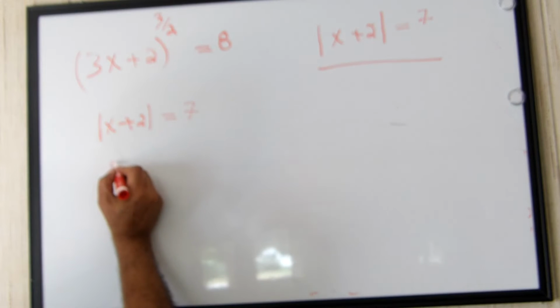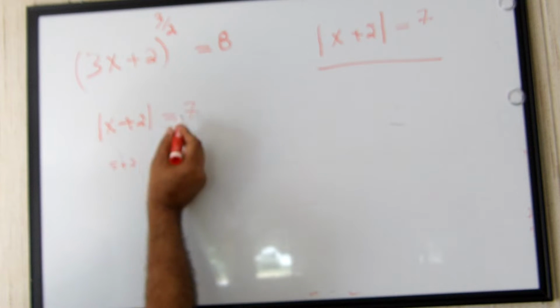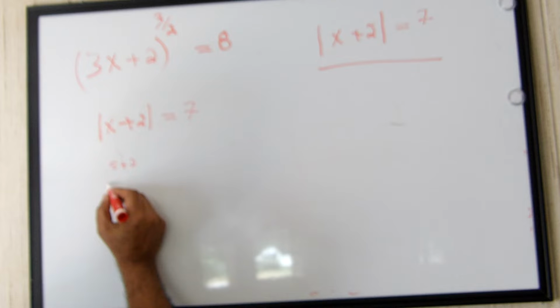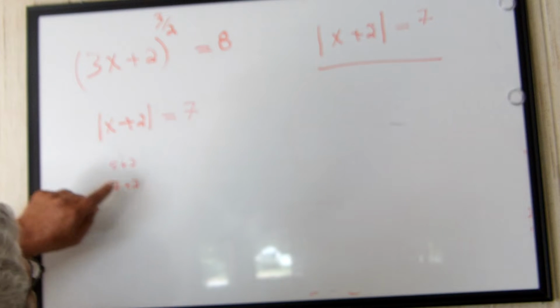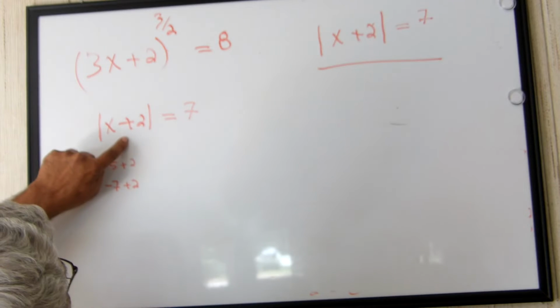Let me just give an example. One of them is x is 5, 5 plus 2 is 7, and the other is minus 7 plus 2, which is minus 5.